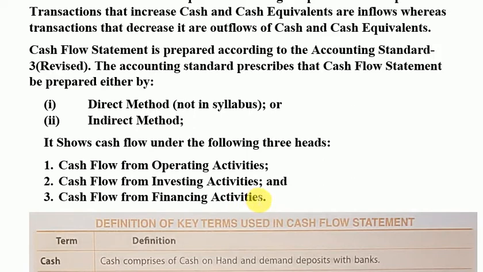So the flows of cash, that is inflows and outflows, are represented in the cash flow statement under these three major headings: operating activities, investing activities, and financing activities. Now, children, this is a very lengthy chapter with a lot of new things coming up which we haven't done in accounting so far.